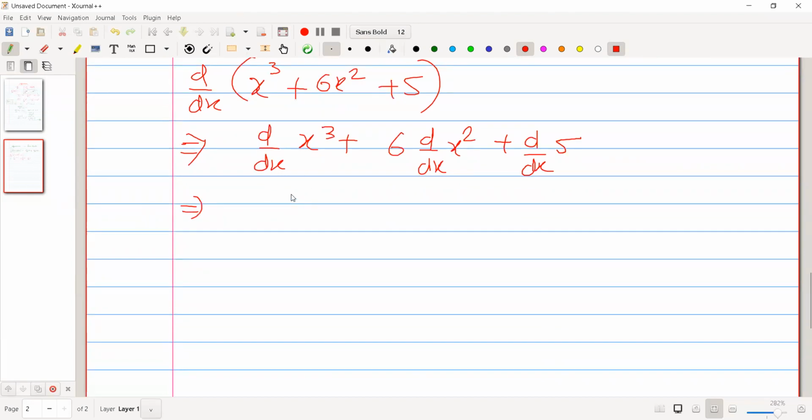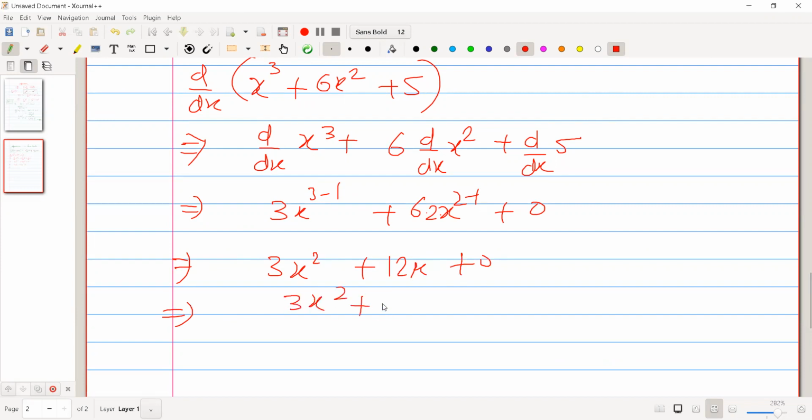So what will you get here using this formula? 3x to the power 3 minus 1 plus 6 into 2 into x to the power 2 minus 1. You know this is a constant term, its derivative is 0, right? So you will get 3x square plus 6 into 2x, that is 12x, plus 0. Hence you will get 3x square plus 12x as the answer, right?